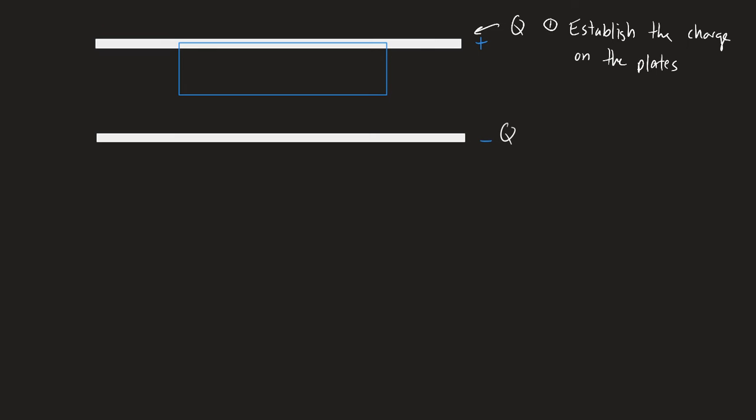That's step one. Now, if they give it to you, if they say it's charge Q, use what they give you. If they don't give it to you, if you can, just put a symbol to represent the charge.